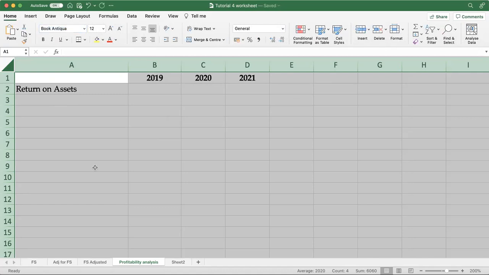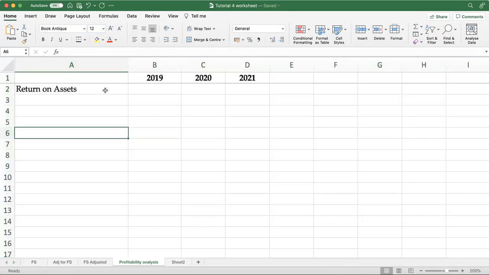So you don't need to write the formula. You know the formula. Now you can quickly calculate. You know return on assets equal operating profit after tax divided by total assets.